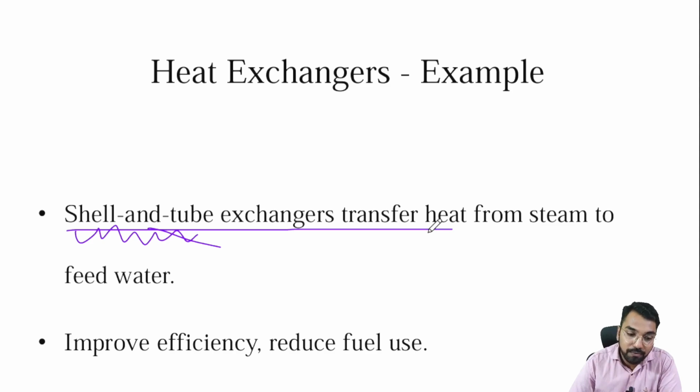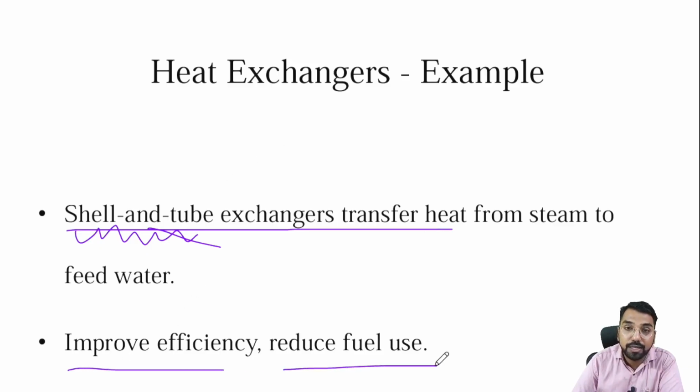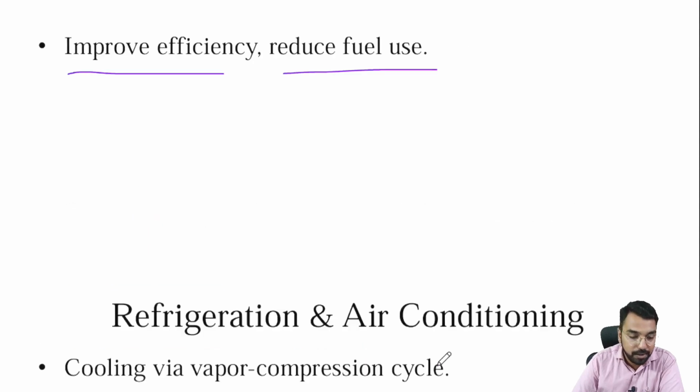In a shell and tube heat exchanger, steam has the higher temperature and water the lower temperature, so heat transfers from the steam to the water, and that's why the water temperature rises. The heat exchanger improves efficiency and reduces fuel usage overall in a power plant.